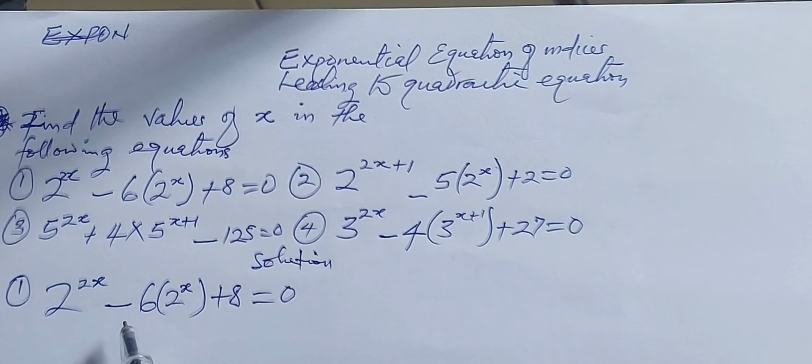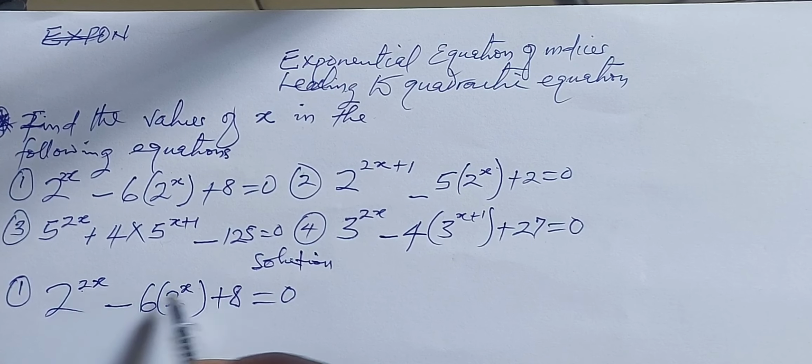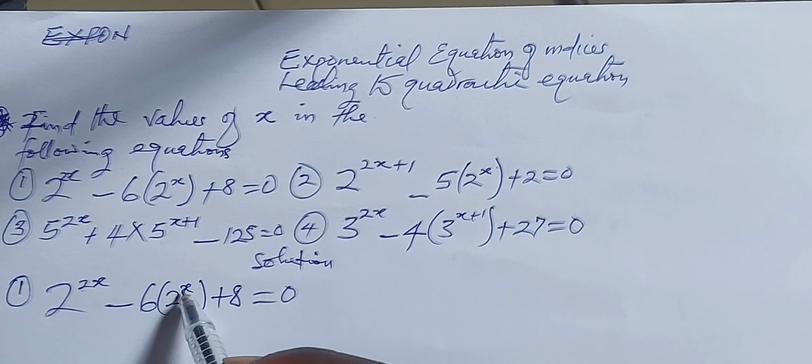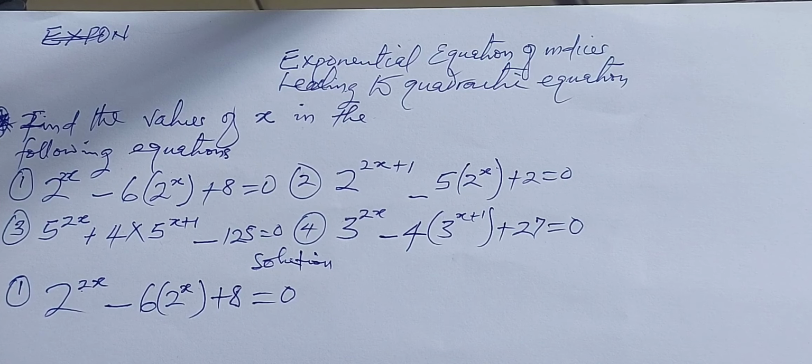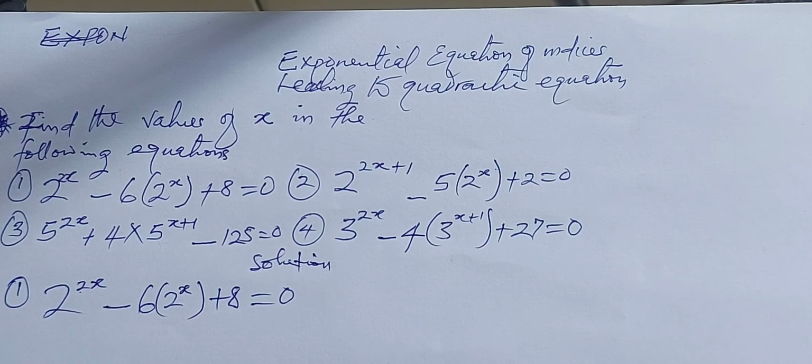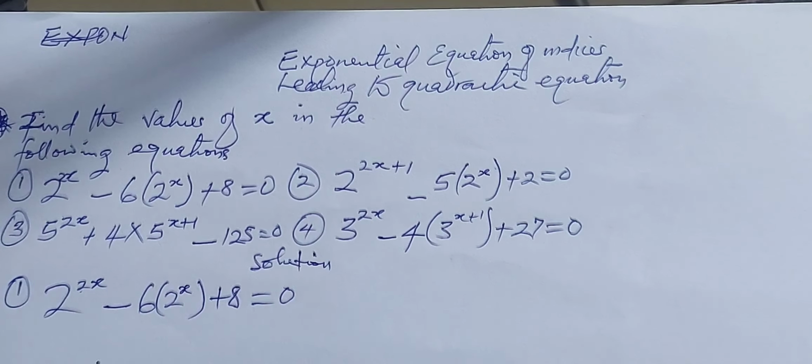Therefore, you have to make this expression have something like 2 raised to the power of x. And then you will later substitute it with another letter which will aid you in finding the solution of x. So let's go.